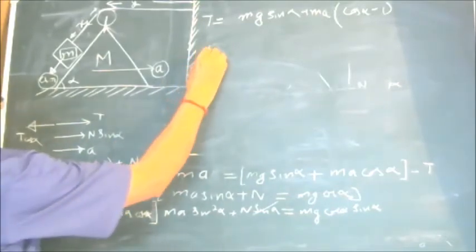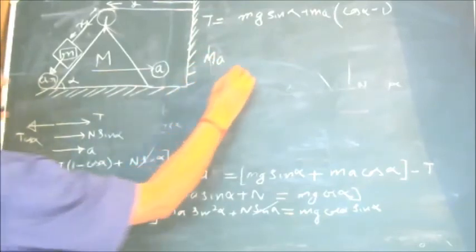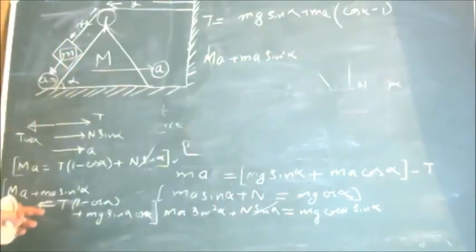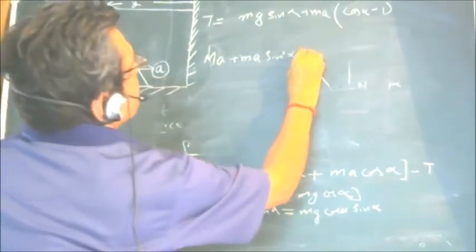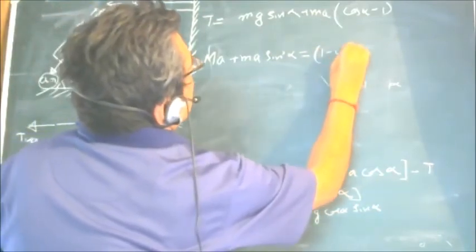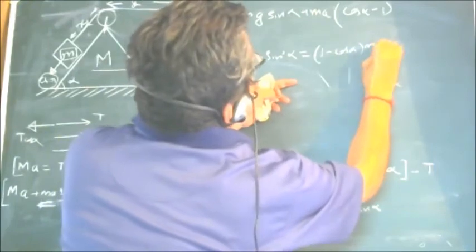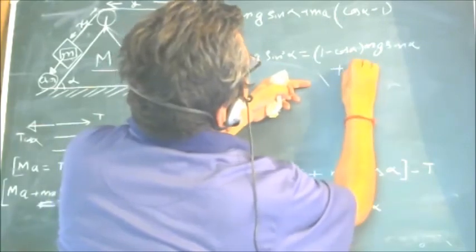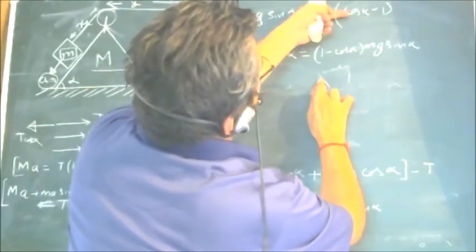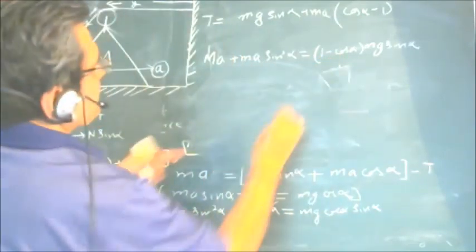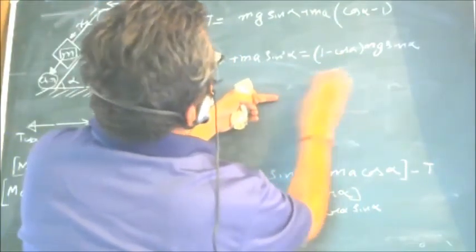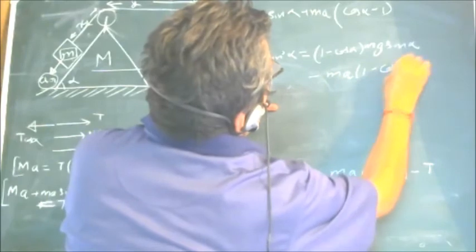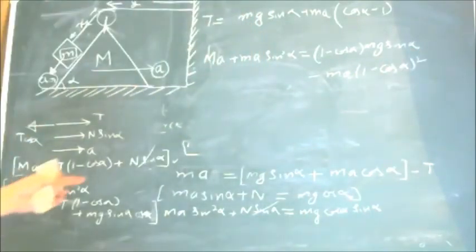So we get capital MA plus small ma sine square alpha is equal to 1 minus cos alpha times mg sine alpha plus, it will become minus, because 1 minus cos alpha is getting multiplied by 1 minus cos alpha, so it will become minus ma 1 minus cos alpha whole square.